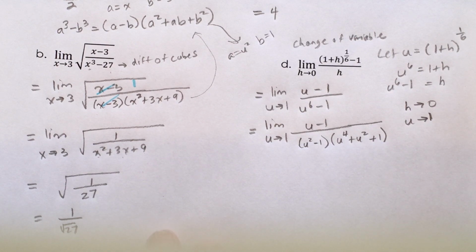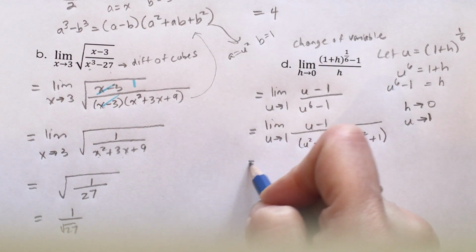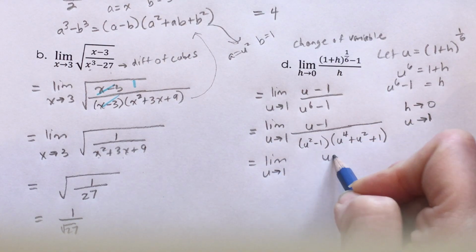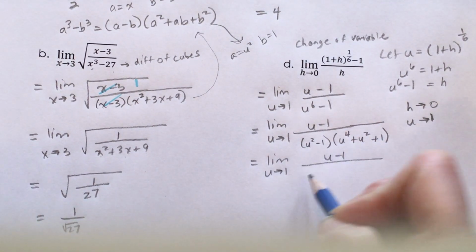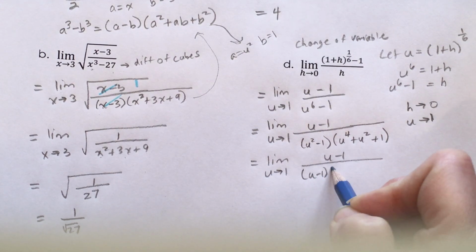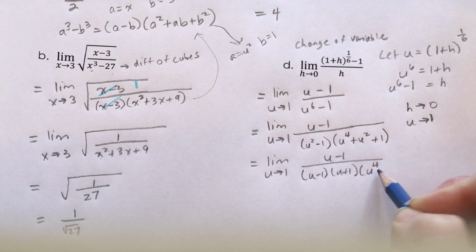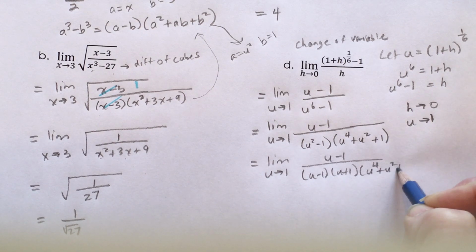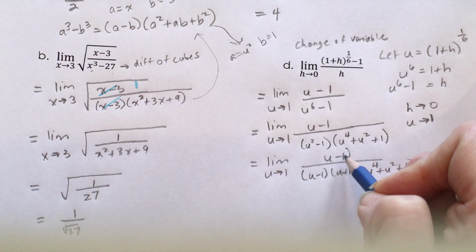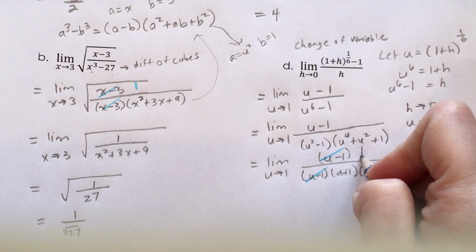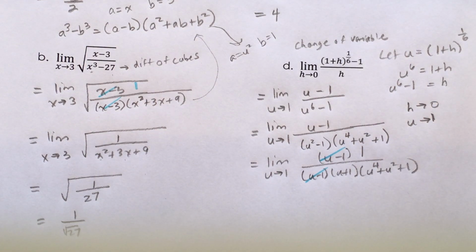But then, if you look, u squared minus 1 is still a difference of squares, so we can factor it a bit further. So u squared minus 1 is u minus 1 times u plus 1, and then still times u to the fourth plus u squared plus 1. So now finally, we can divide out the u minus 1's.